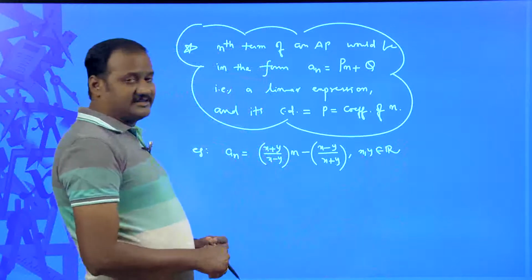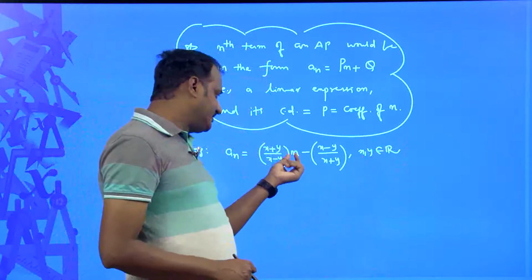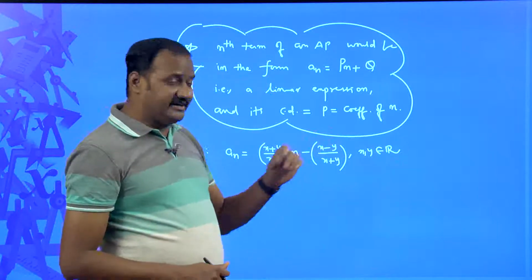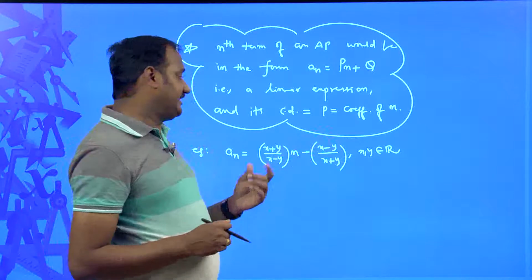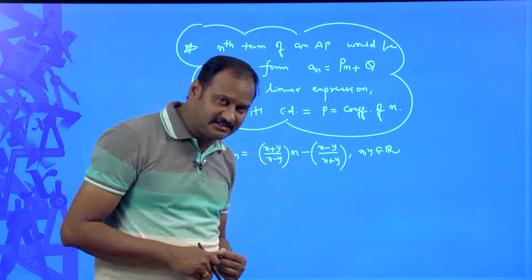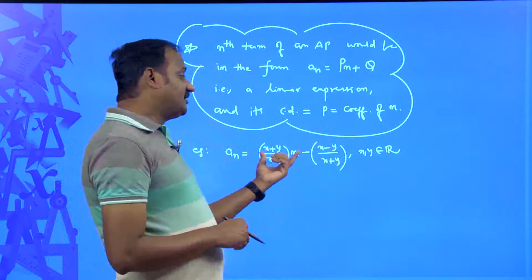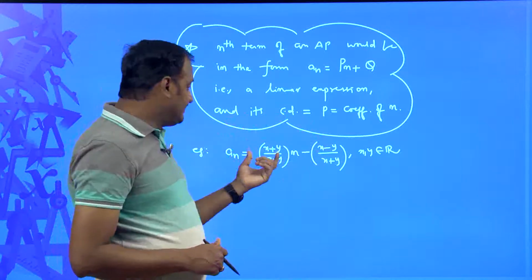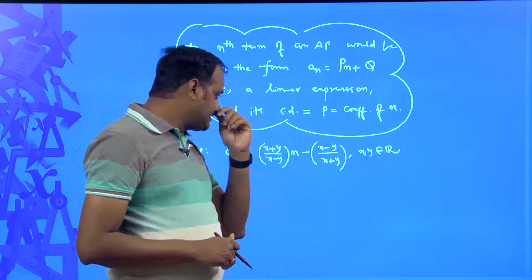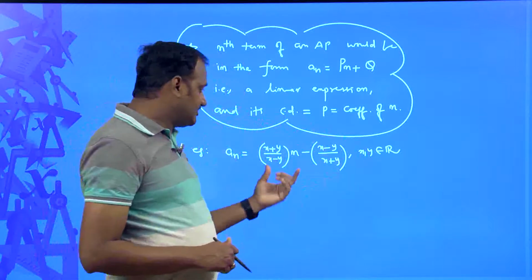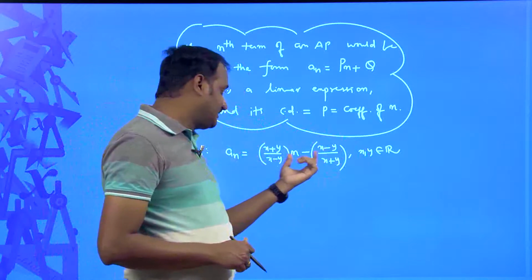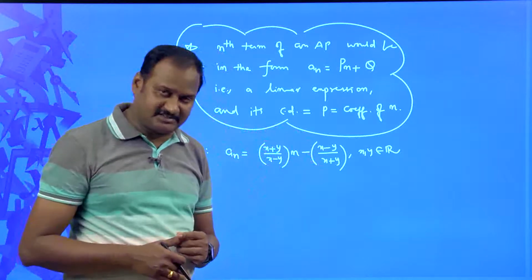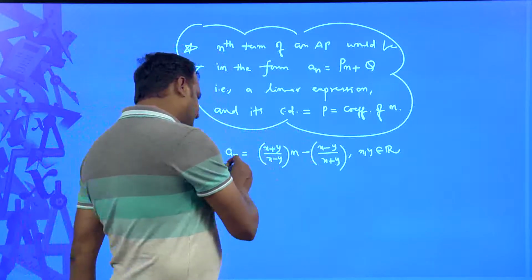First of all, whether it forms an arithmetic progression or not. Obviously, this forms an arithmetic progression because it is a linear expression. See, (x plus y) by (x minus y), being x and y real numbers under the conditions, is a real number. So, something into n minus something is a linear expression. So, that is why it forms an arithmetic progression.